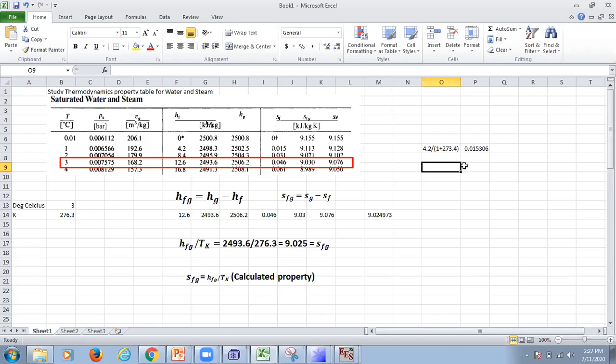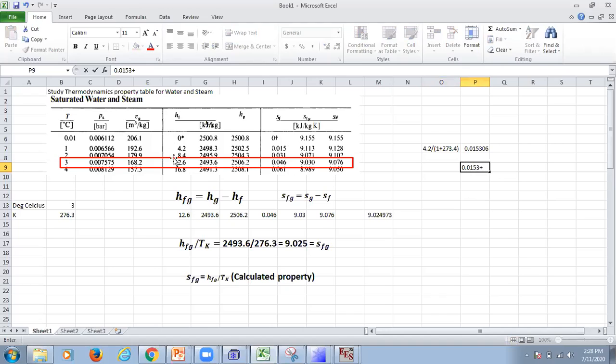So I write a formula here. SF at 1, we already calculated here: 0.0153, plus the rise from 1 to 2.